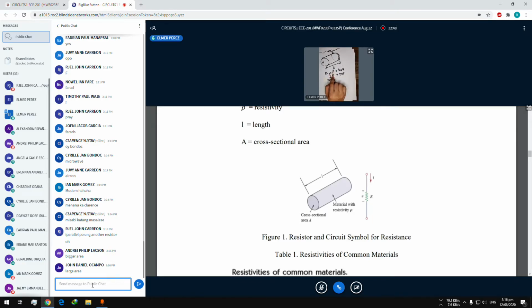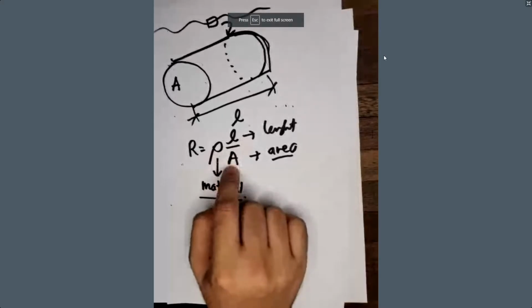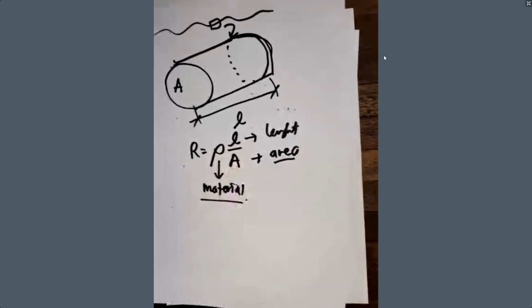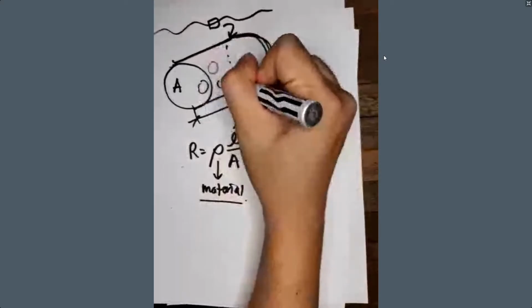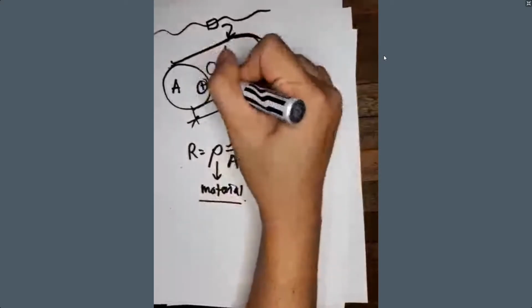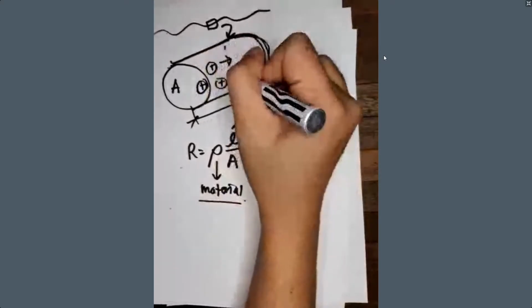Pero yung area kasi, imagine niyo, para mas konti ang losses, dapat malaki yung area. Pero hindi naman pwede, siyempre depende naman sa application. Okay? Kung malaki kasi yung area, that means yung mga charges ay madaming space na gagalawan.